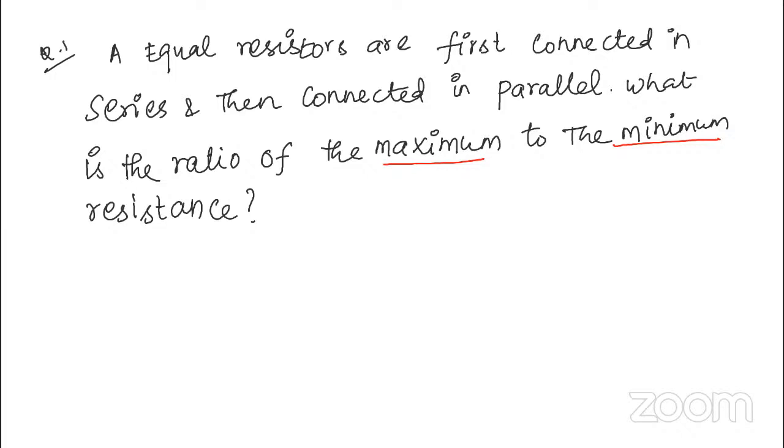Say for example 2 plus 3. So if it is connected in series, it is 5. Suppose if it is connected in parallel, it is 1 by 3. Okay. So which value should be greater?